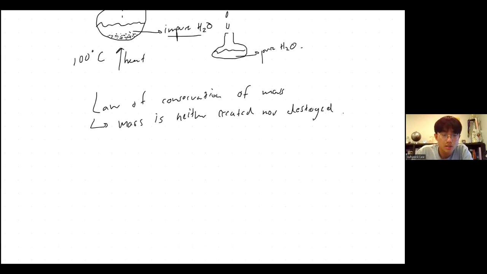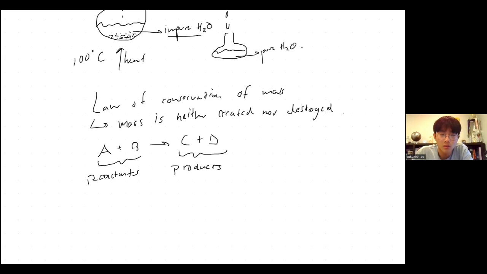So let's take an example such as A plus B is going to become C plus D. A plus B is the reactants, and C plus D is the products.